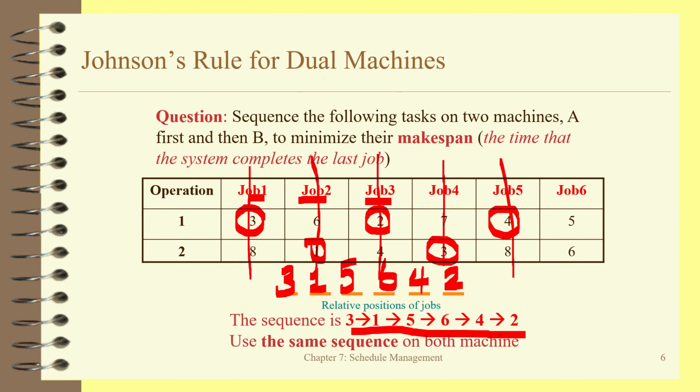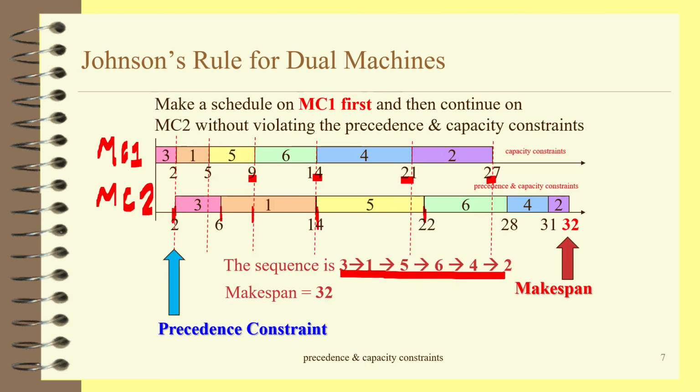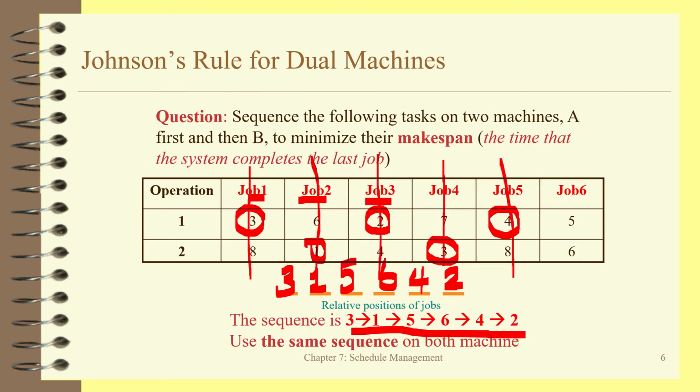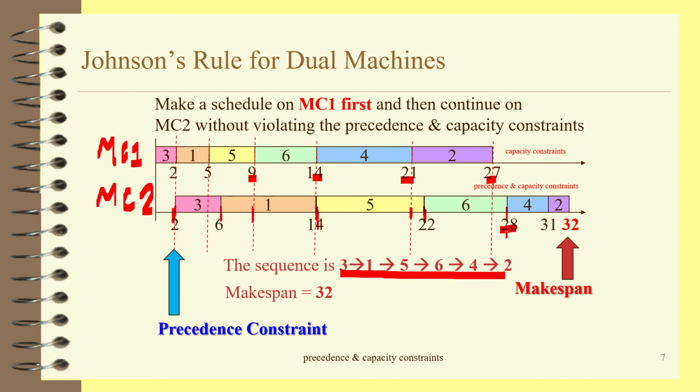And job 6 requires 6 time units. 22 plus 6 is 28. And the next one is job 4. Job 4 finishes at 21 here. Because of the capacity constraint again, you need to start job 4 at 28. Job 4 requires 3. 28 plus 3 is 31.